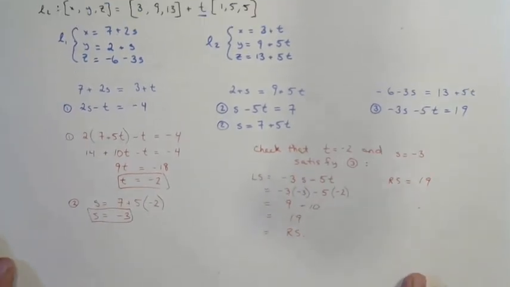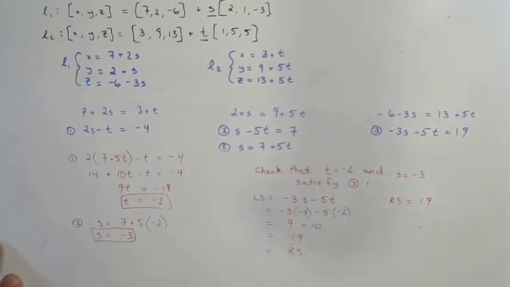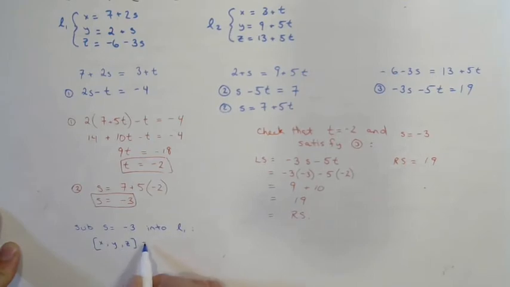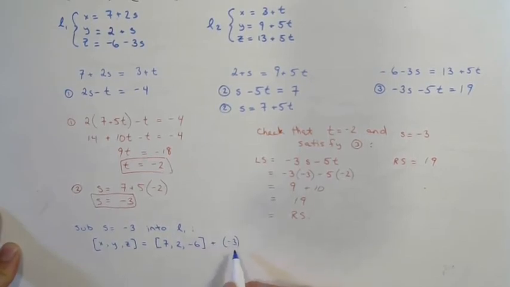So here we go. I'm going to take, maybe I can bring it down here so that we can see. I'm going to sub s equals negative 3 into L1. That looks like this. (x, y, z) is equal to (7, 2, negative 6) plus s, which is now negative 3, times (2, 1, negative 3).